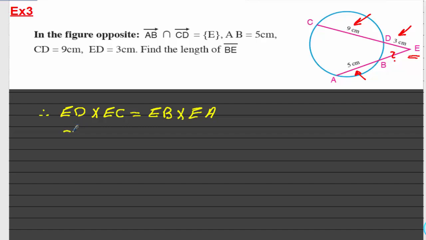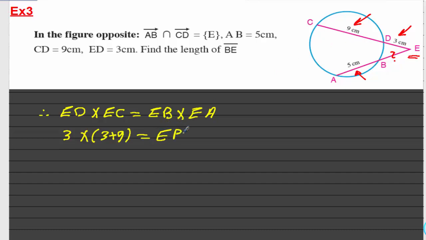It is 3 centimeters. Multiply the length of EC. EC equals 3 plus 9, so EC equals 12. Equals EB multiply EA. What is the length of EB? It is unknown.